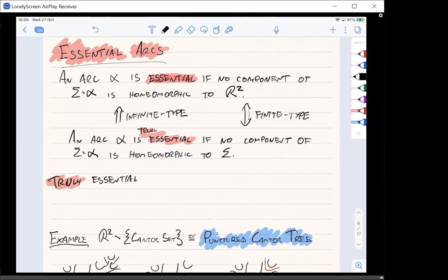So an arc is truly essential if none of its complements are homeomorphic to the thing you started with, the ambient surface.